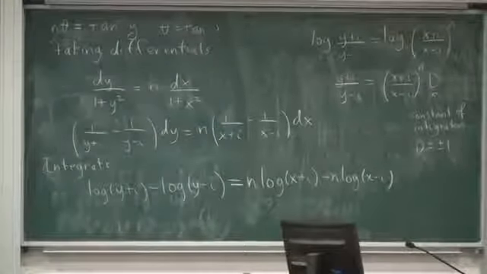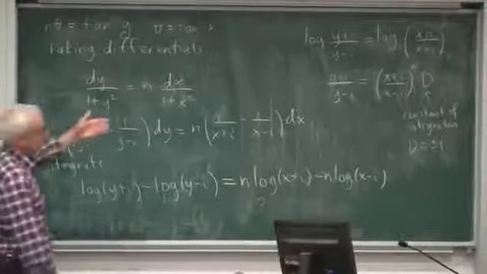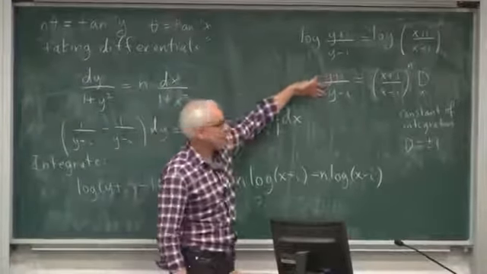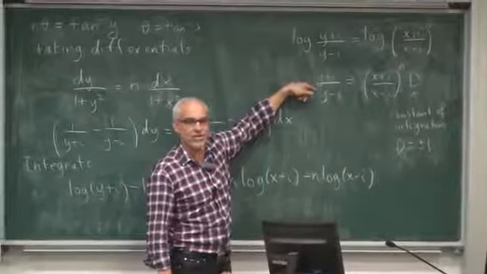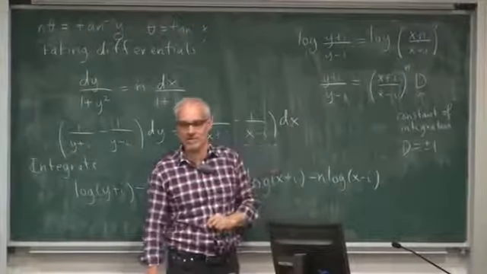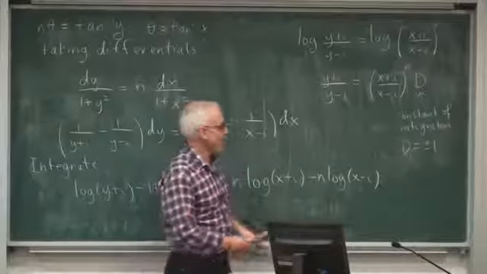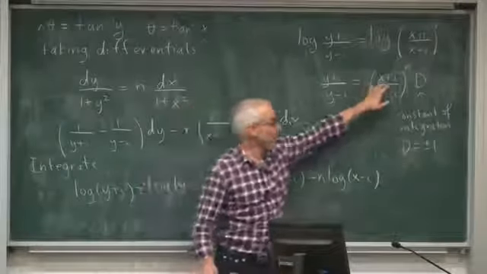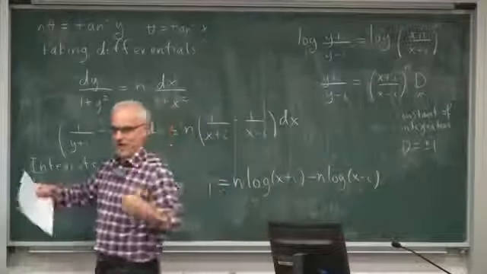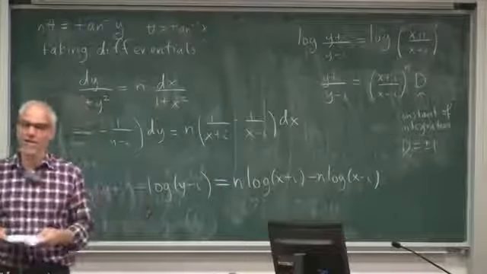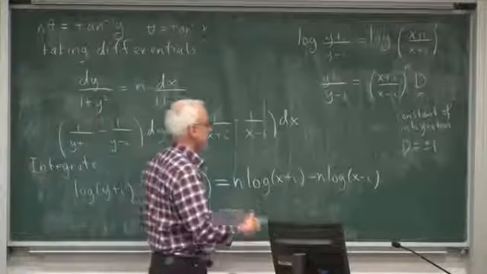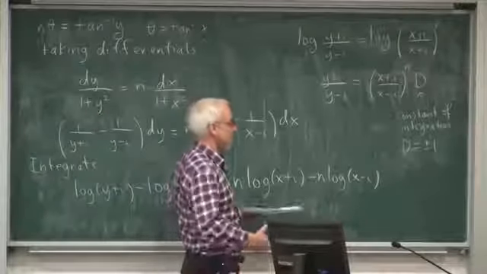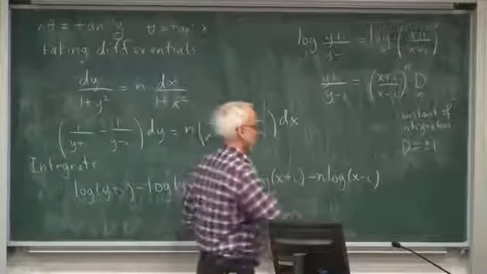And using that, that's now a relationship between y and x. You can now solve this for y in terms of x. When you do, looks like you're going to have i's involved, but it turns out that when you do the arithmetic, all the i's cancel, and you get a real expression, expressing y in terms of x.